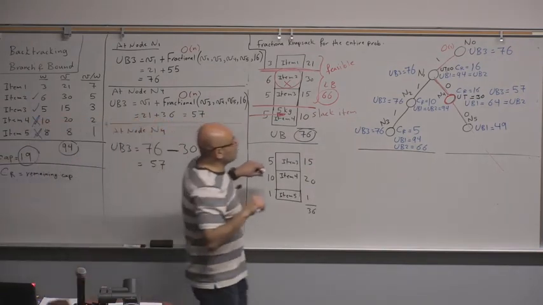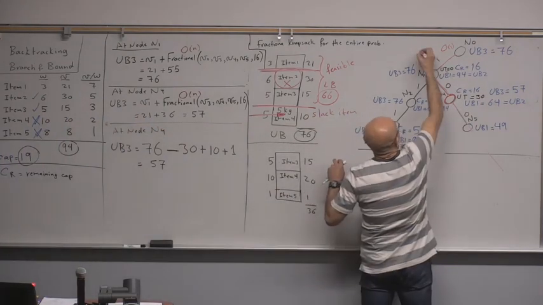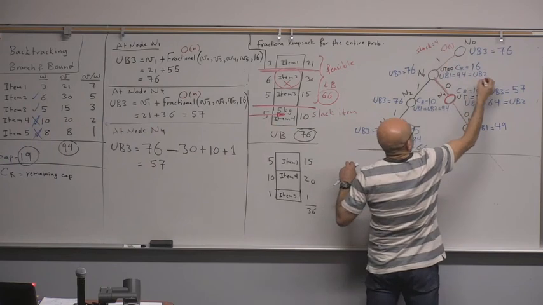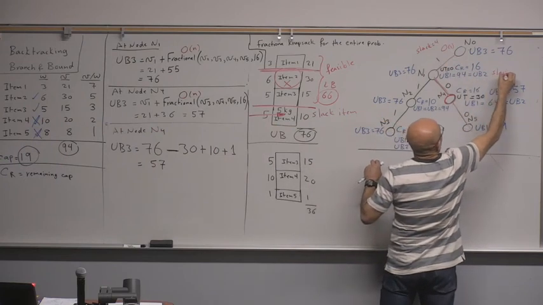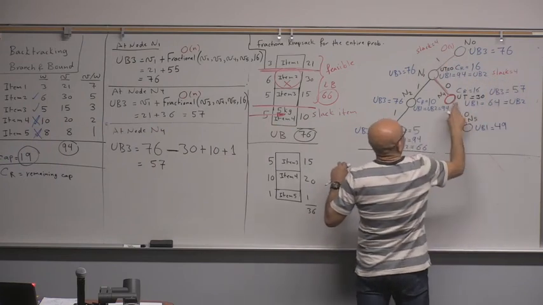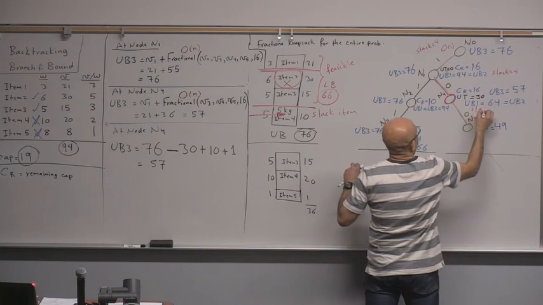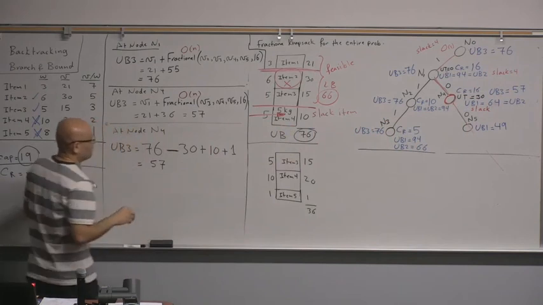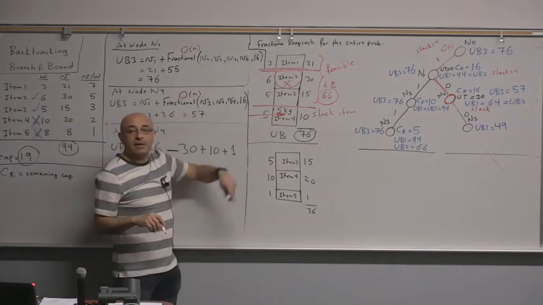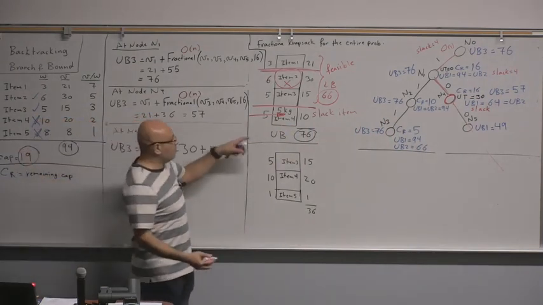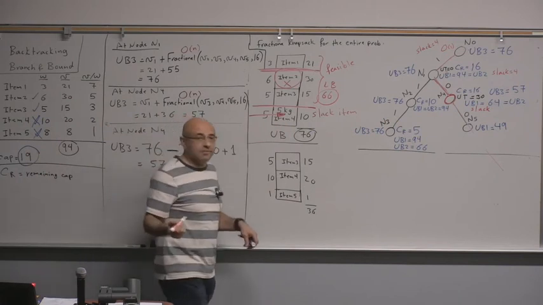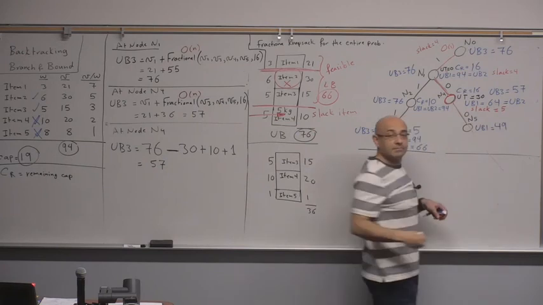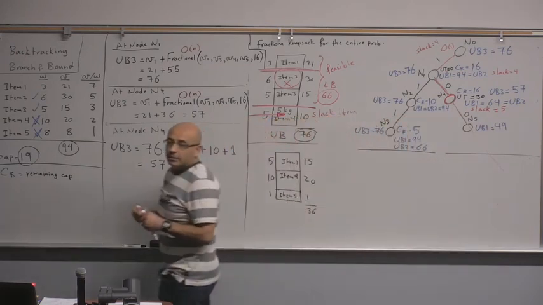So the slack item was originally item 4. So here slack was 4. Here slack is still 4. But at node 4, what's the slack? Item 5, because now we took 4 completely, and we took a fraction of item 5. So at node 4, the slack became 5. The slack is the item that we take a fraction of.